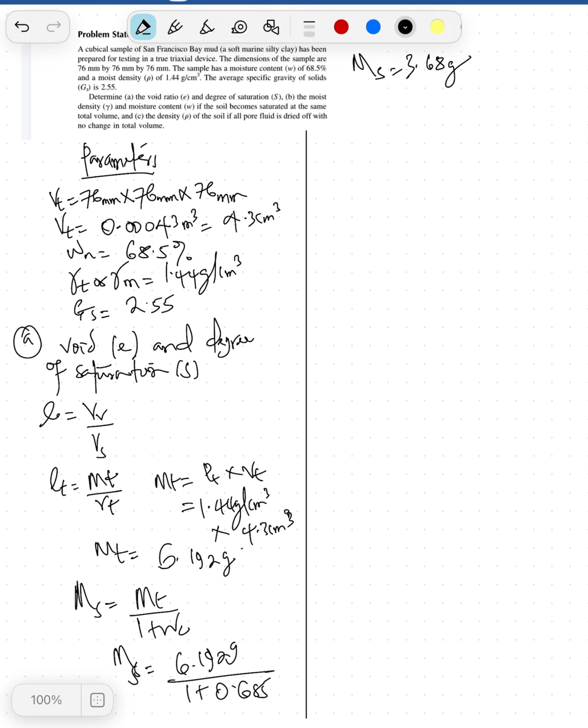So that's our mass. Now we know our mass of solid. So what else can we obtain? We can know the volume of solid.